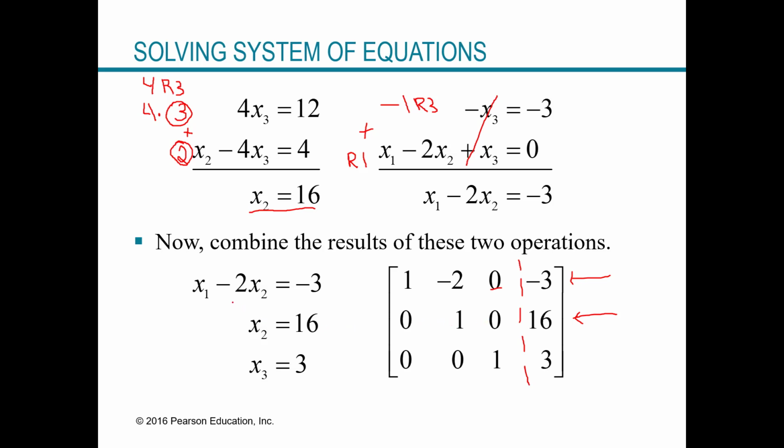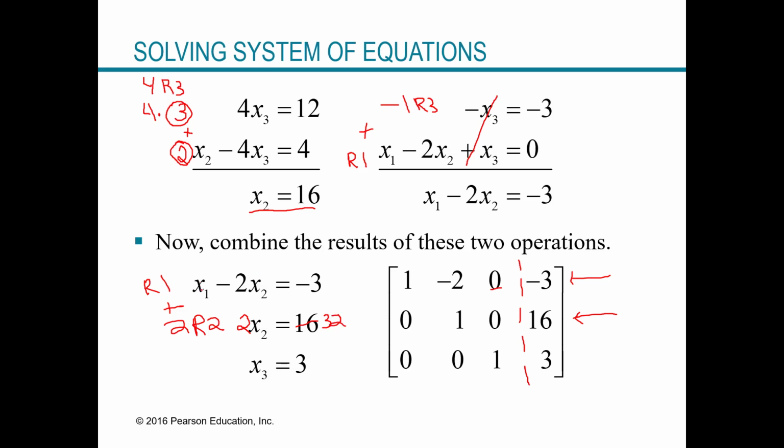So if I want my x2 to become a 0, I can say 2 times row 2, and then I'll add that to row 1. So I'll say row 1 plus 2 times row 2, because if I say 2 times row 2, this is going to become a 2x2, and this is going to become 32. And then if I add, look what happens.